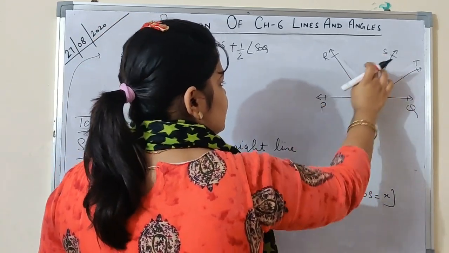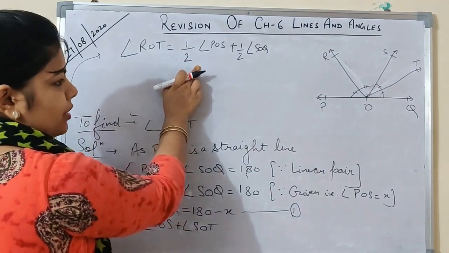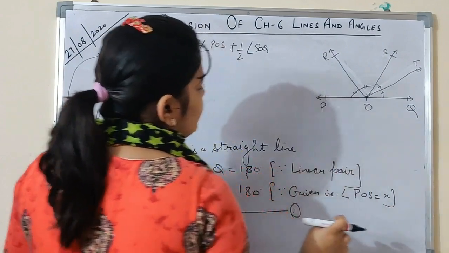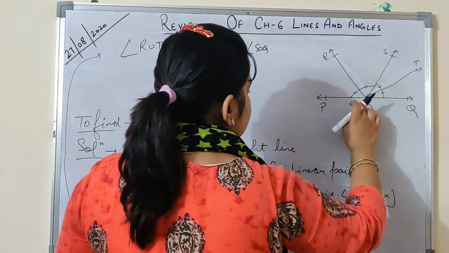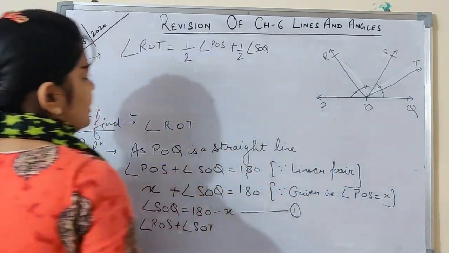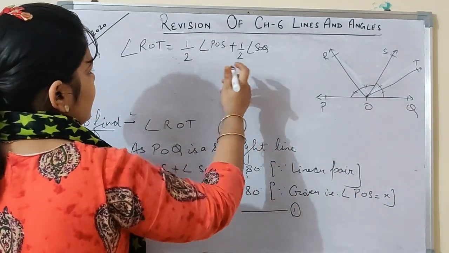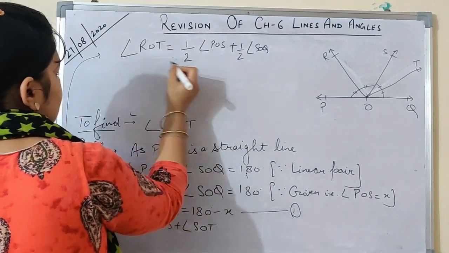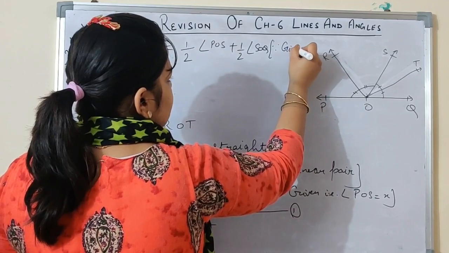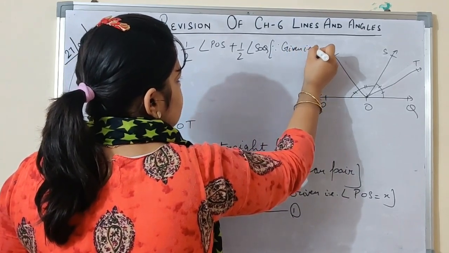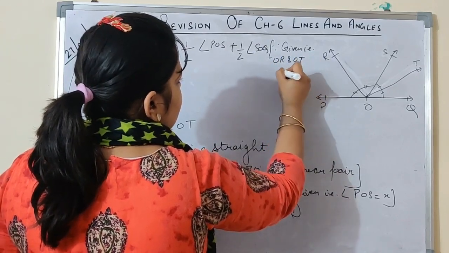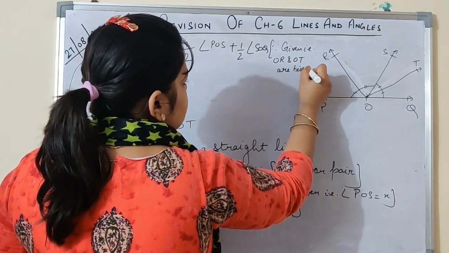Now here you can see that as OR is acting as bisector for angle POS, in place of ROS I can write half of angle POS. Similarly, in place of angle SOT, I can write half of angle SOQ because OT is acting as a bisector over here. You can write it here because it is given that OR and OT are bisectors.